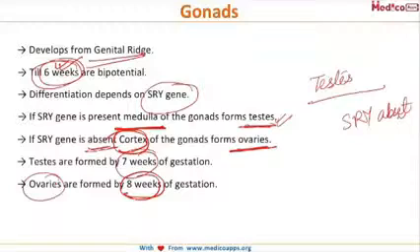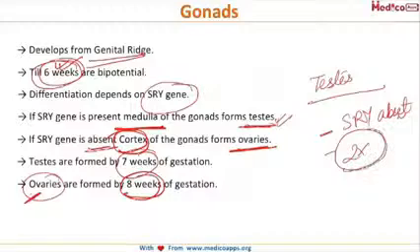Now here I would like to add one more thing: for the formation of proper ovaries, the SRY gene should be absent, and along with this, the 2 X chromosomes should be present. Now why am I telling you this? Because in Turner syndrome, 45XO, one X chromosome is missing, and so in these individuals the ovaries that are formed are streak ovaries.